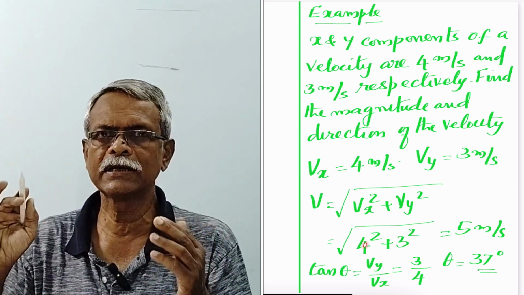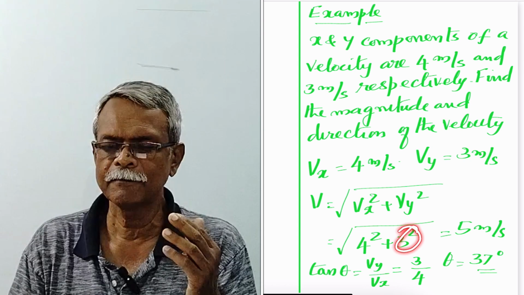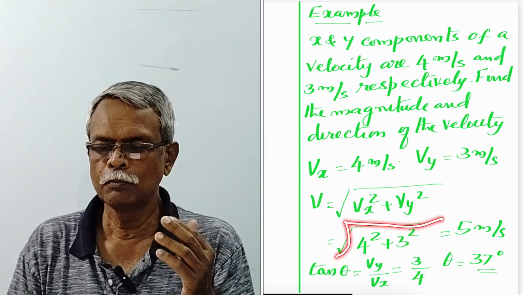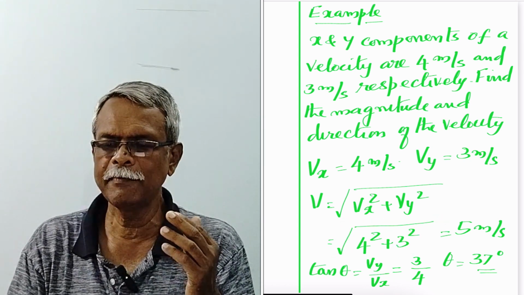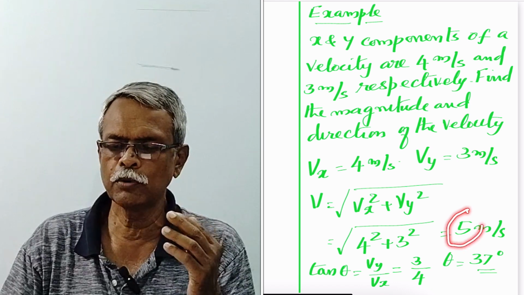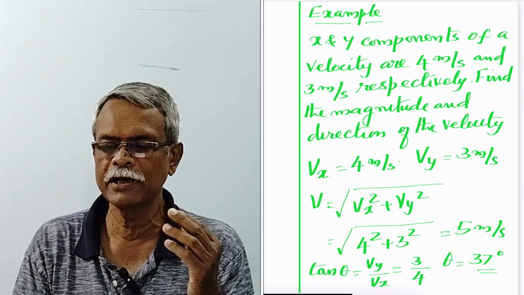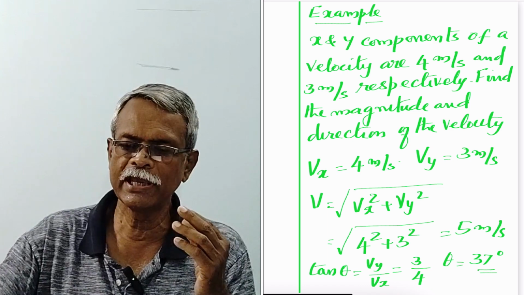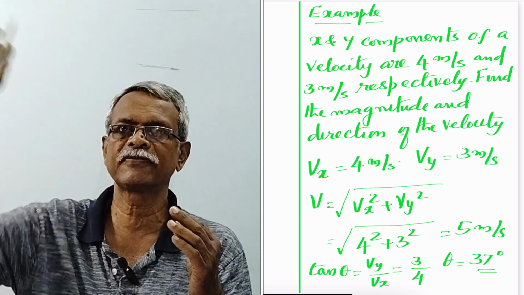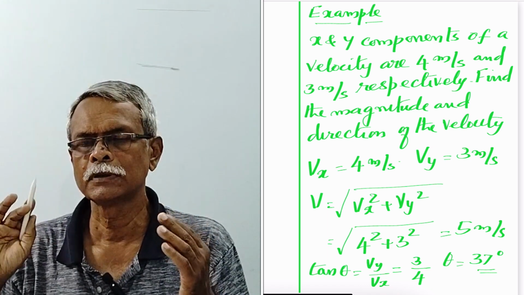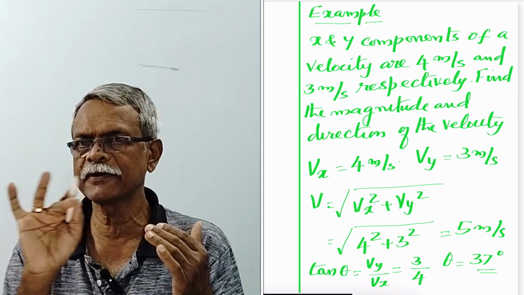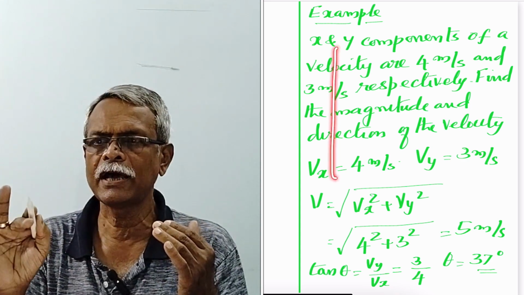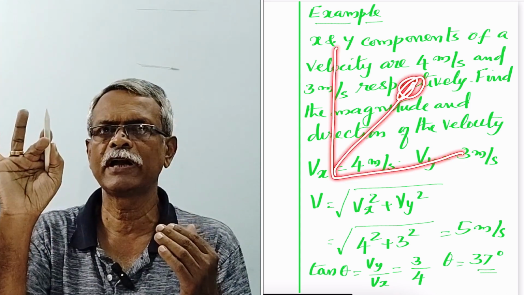If you take a point here, you move 4 meter here, 3 meter here, that will be equivalent to 4 meter per second in this direction, 3 meter per second in this direction, that is equivalent to moving in this direction as 5 meter per second. The components are 4 meter per second along the x direction and 3 meter per second along the y direction.